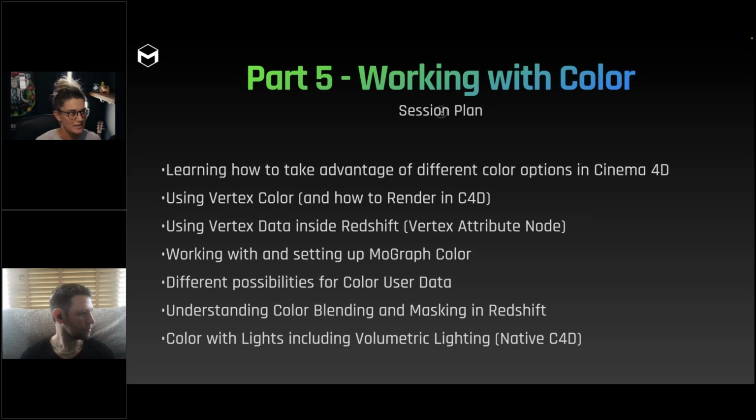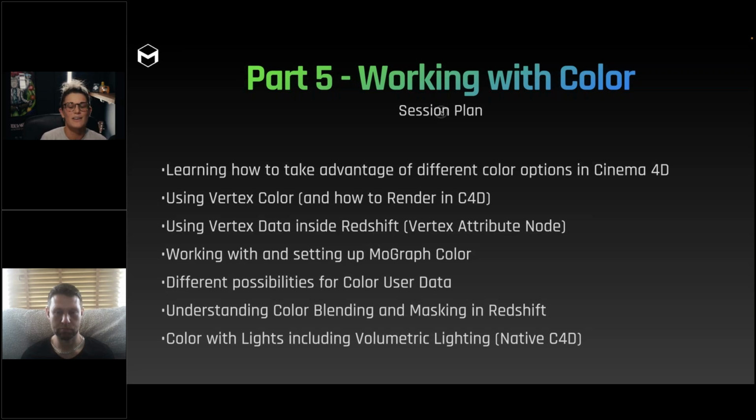That's going to be the first half of the session, diving into a lot of the vertex stuff, because it leads on nicely from last week's session. Then we're also going to look at working with and setting up MoGraph color. We'll set up a simple MoGraph setup, maybe some fields, and see how we can control that information and use it to change textures again, and use it to mask certain elements out inside of Redshift by using what's called color user data.